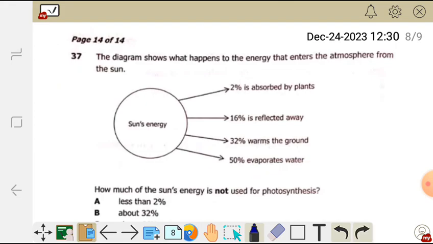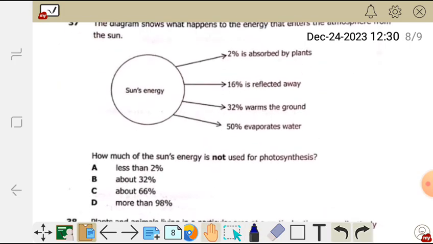So how much of the sun's energy is not used for photosynthesis? So the one which is used for photosynthesis is the 2% which is absorbed, meaning the 98% is not used for photosynthesis.